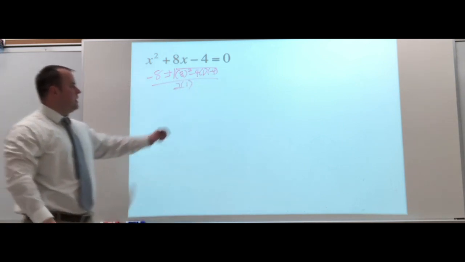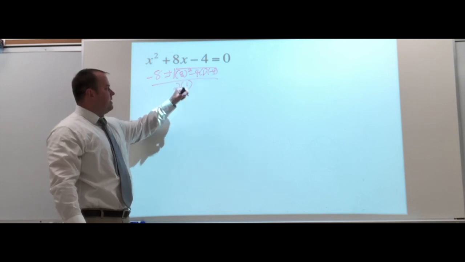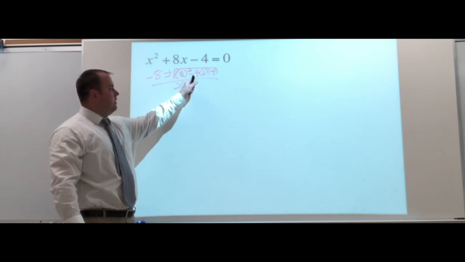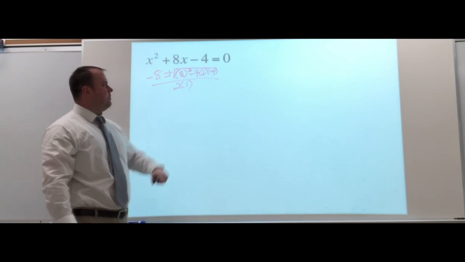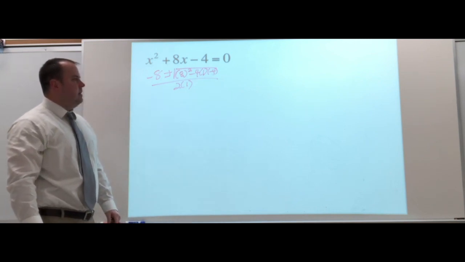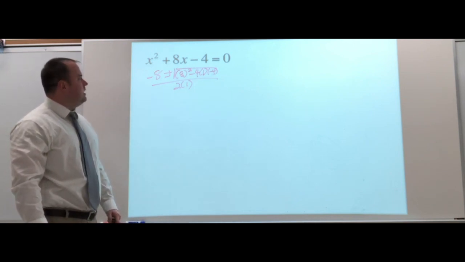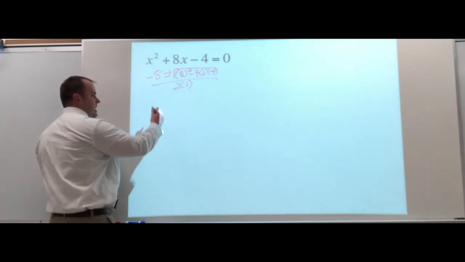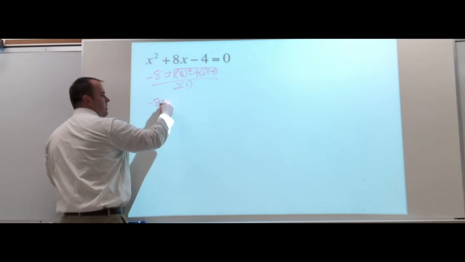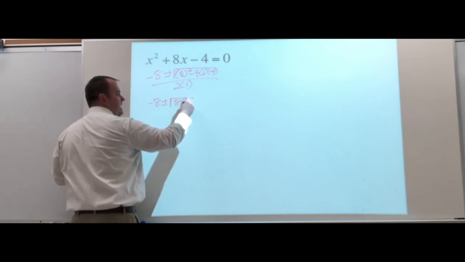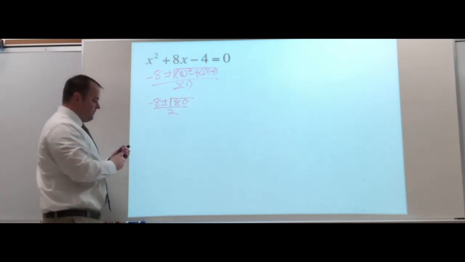Underneath we should have 8 squared is 64. 4 times 1 times negative 1 is negative 16. So we're going to end up having 80. 64 plus 16 is 80, so we're going to have negative 8 plus minus the square root of 80 divided by 2.